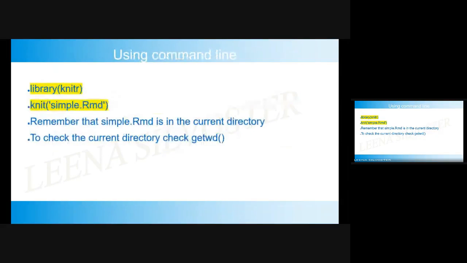You can run the knitted documentation from the command line instead of clicking knit to HTML. So you have to type the whole file in the script area and save it as simple.rmd.